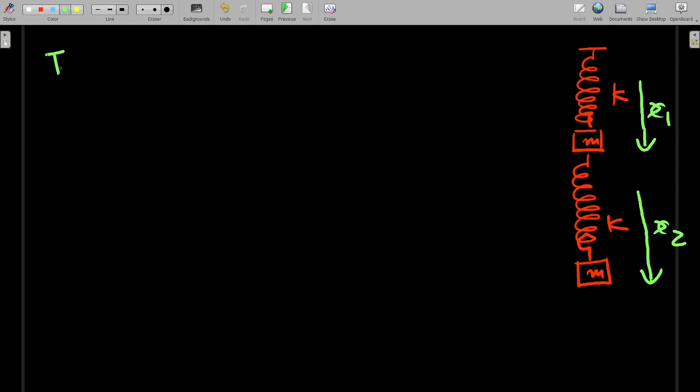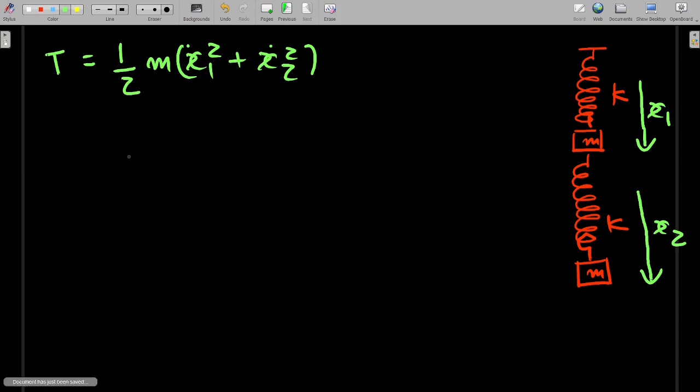The kinetic energy of the system is T equal to half m (x1 dot square plus x2 dot square). We have generalized coordinates x1 and x2.